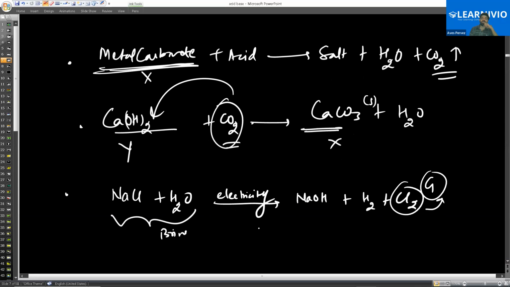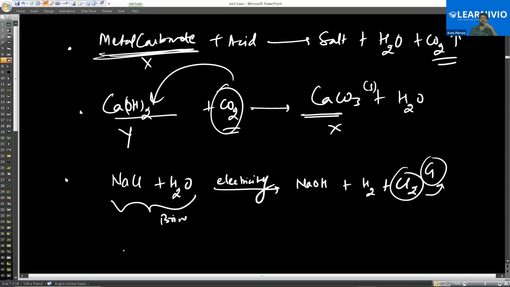When this chlorine gas is passed through dry Y, it gives a compound Z which is used as a disinfectant. In our syllabus we have studied five types of salt, and only a single salt is used as a disinfectant, and that is bleaching powder.